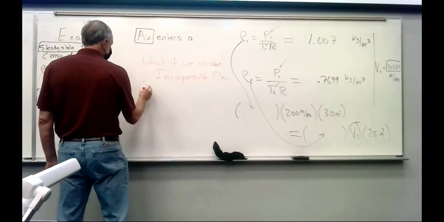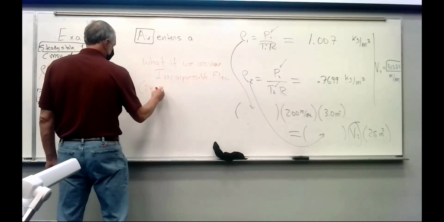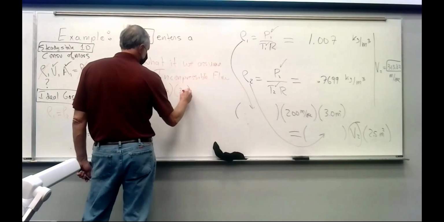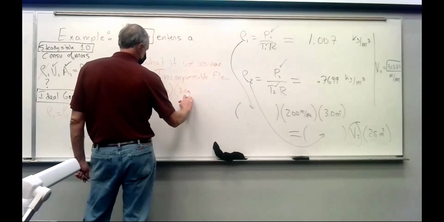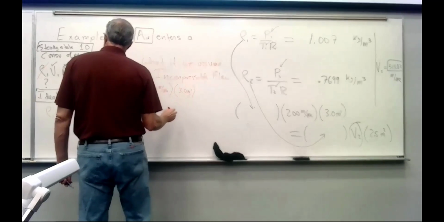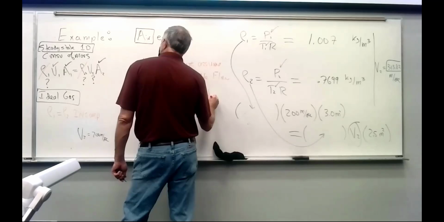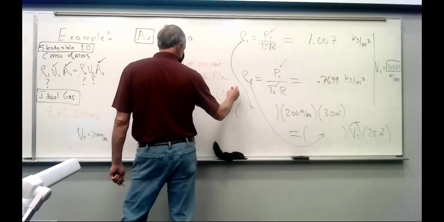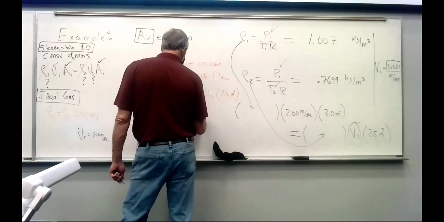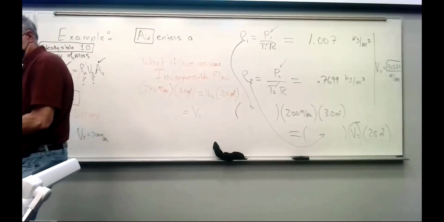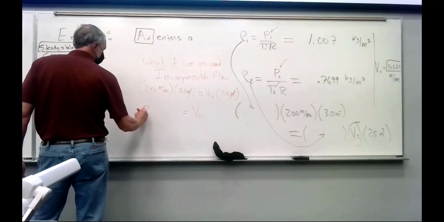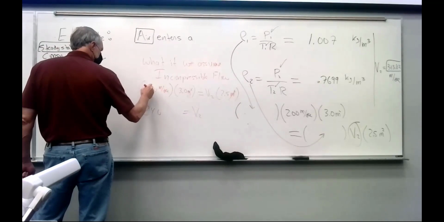So V1 is 200, A1 is 3, V2 is what we're trying to find out, and A2 is 2.5. So the units cancel out, we get meters per second. We find out V2 is 240 meters per second. Sorry, V1 is 200. Got ahead of myself.